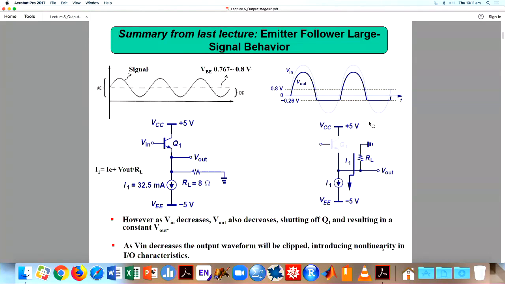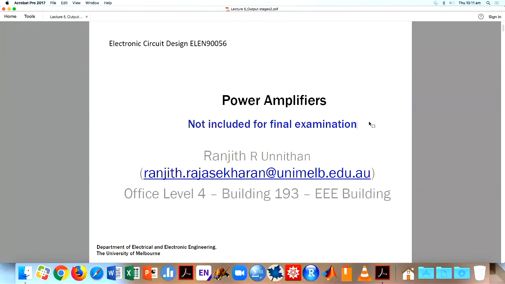Before going to the emitter follower, because we studied emitter follower: you graduated and then you took electronic circuit design, and then you are working as an electronics design engineer who is designing an amplifier.